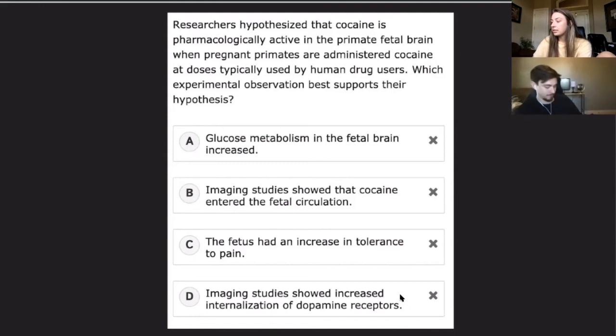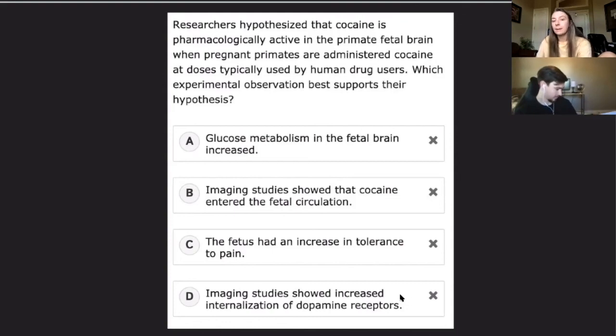B, imaging studies showed that cocaine entered the fetal circulation. Certainly that shows us that cocaine's getting to these fetuses, but is it going to show that it's pharmacologically active in the fetal brain specifically? Because there's a huge barrier called the blood-brain barrier that separates our circulation from drugs actually going into our brain.